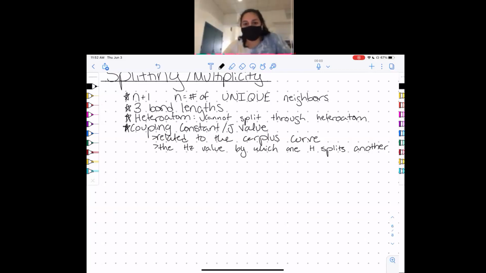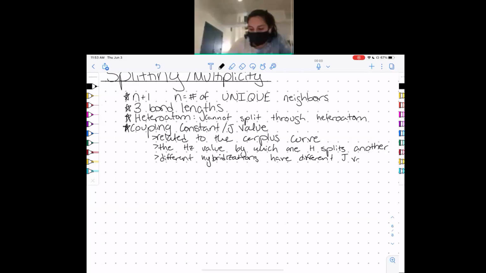And something someone mentioned is hybridization. So you need to know that different hybridizations have different J values. And what else has different J values? That's a very vague question.